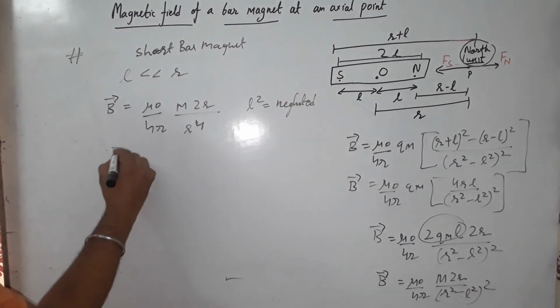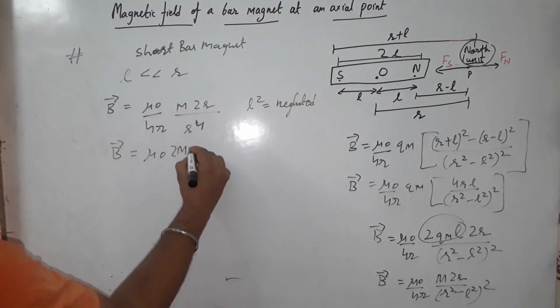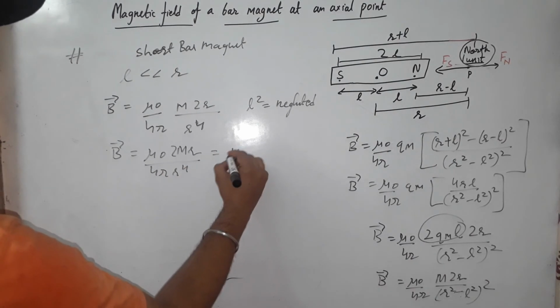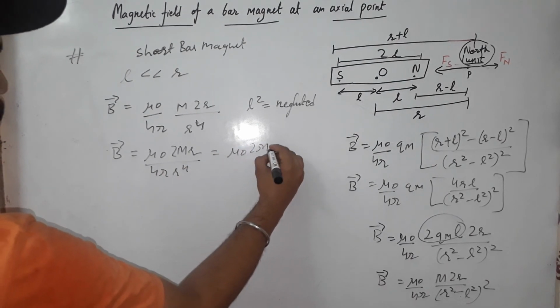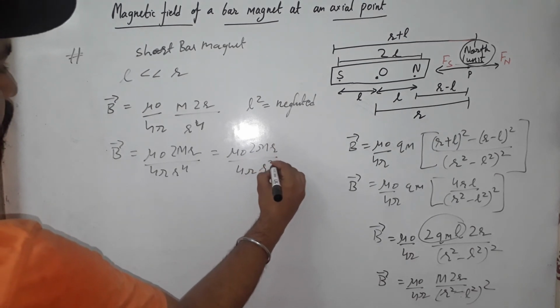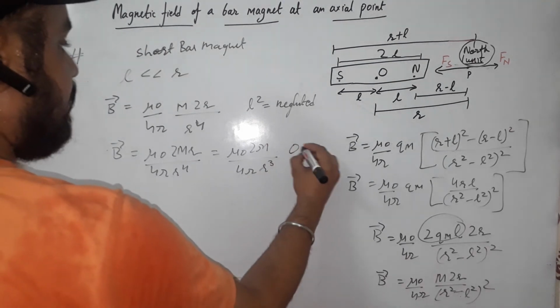So we will have the result B is equal to mu naught 2Mr upon 4 pi r to the power 4, or you can write mu naught 2M upon 4 pi r cube, since r cancels from the numerator. And this will act along which direction? It will act along the direction OP.